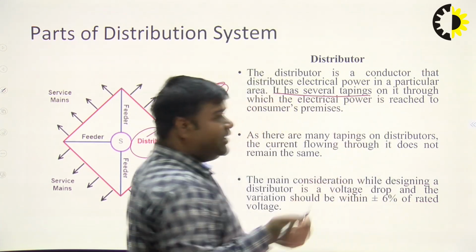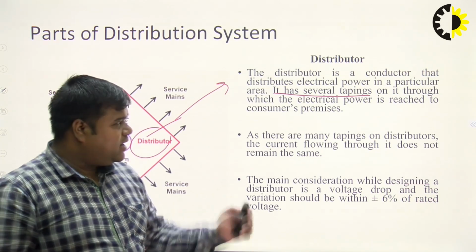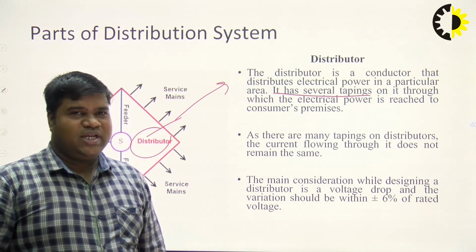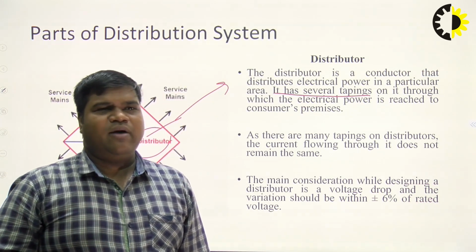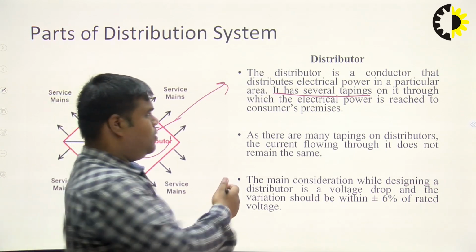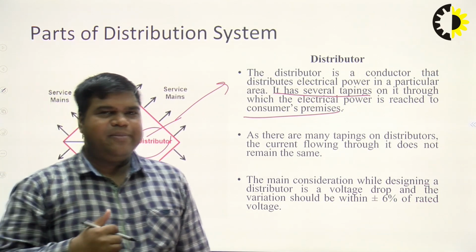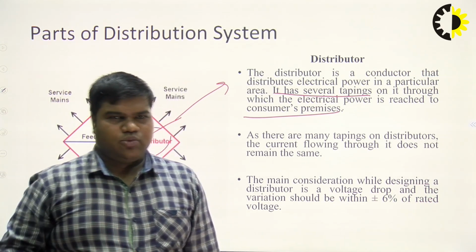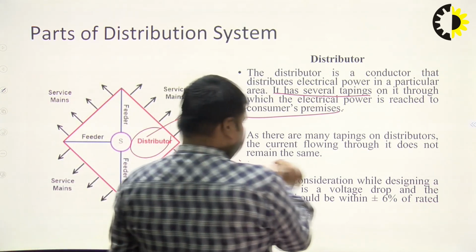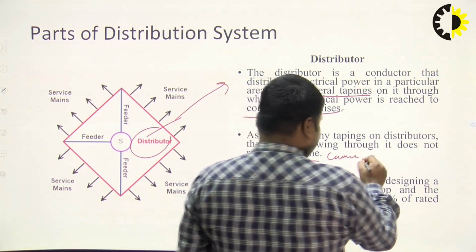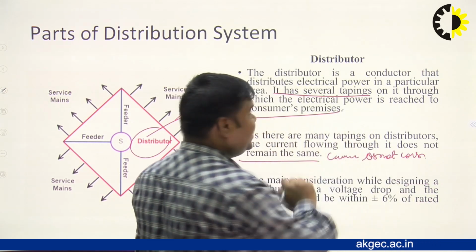See, the feeder has no tappings, but the distributor has several tappings on it through which the electrical power reaches consumer premises. As there are many tappings on the distributor side, the current flowing through it does not remain the same. So the current is not constant in the case of a distributor.